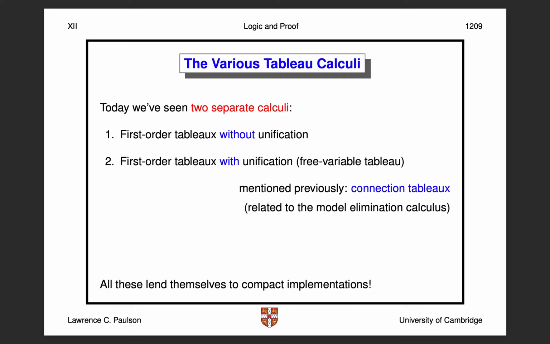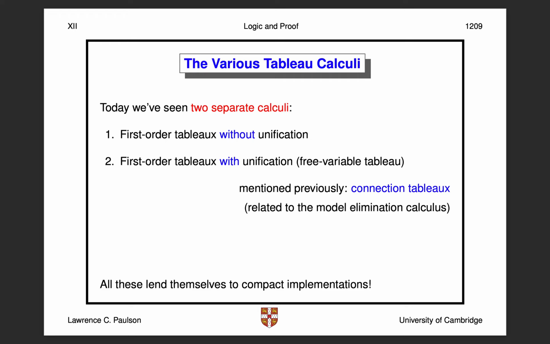Now, one of the cool things about tableau calculi is that they give you compact implementations. I mentioned that a very early piece of work by Wang produced an automatic theorem prover for first order logic, running on an IBM 504, if I'm not mistaken, and giving, for its time, very impressive results.